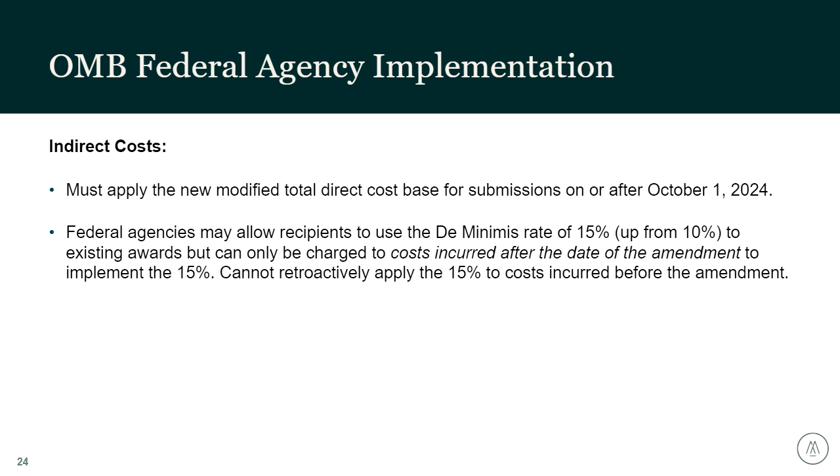However, you cannot retroactively apply the 15% to costs incurred before that amendment was agreed to. So the same concept, like Matt was talking about earlier, they're not allowing you to retroactively apply any of these until federal agencies have provided this in a written revised amendment that you all agree with as well.